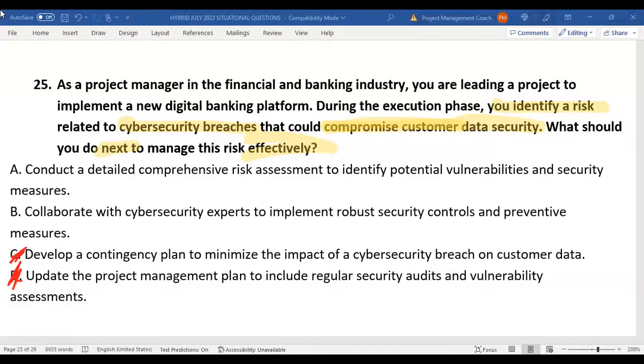Let's take a look at A. Conduct a detailed, comprehensive risk assessment to identify potential vulnerabilities and security measures. So think about it. We're going to conduct a big old risk assessment. We're going to find probability times impact to identify potential vulnerabilities. So we find all of these 1, 2, 3, 4 vulnerabilities.